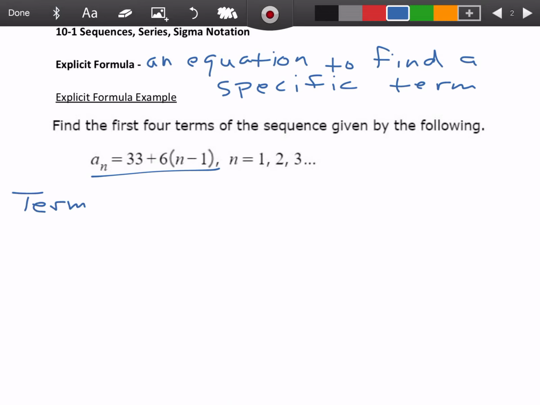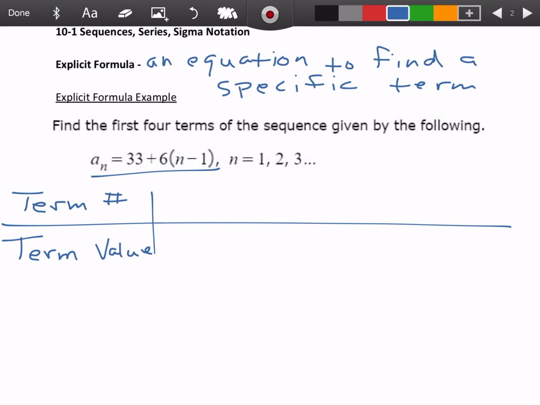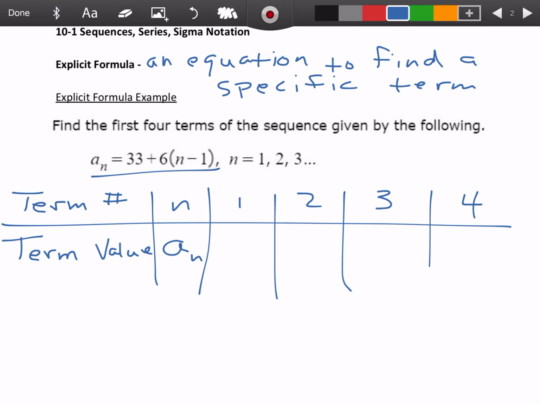This table is going to be a little bit bigger than the ones that we'll usually use, but I just want to split it up: term number, term value, like this, and then this is what we call n, and this is what we call a of n. And then the term numbers are just going to be 1, 2, 3, and 4.